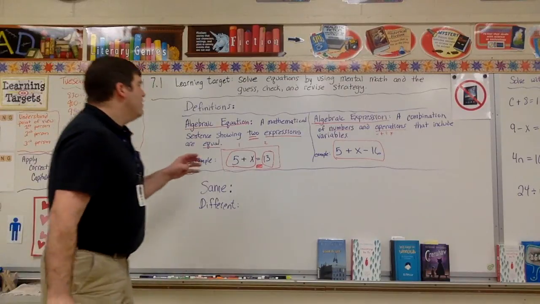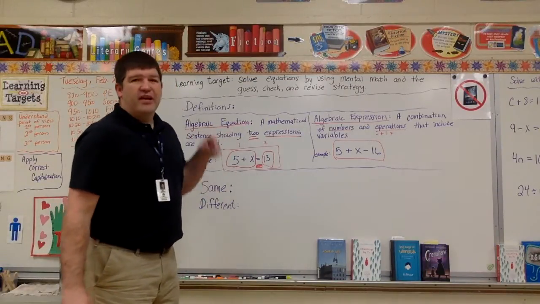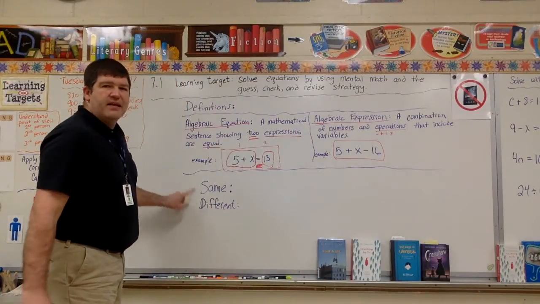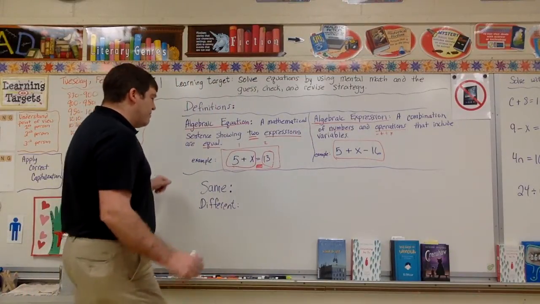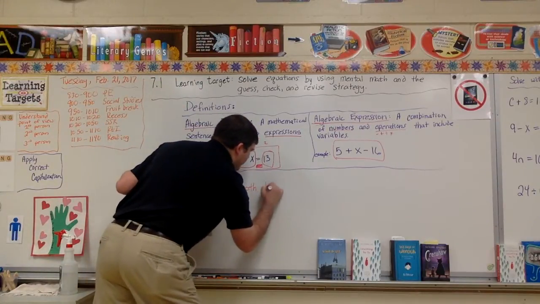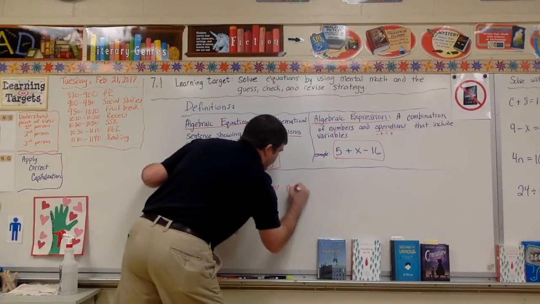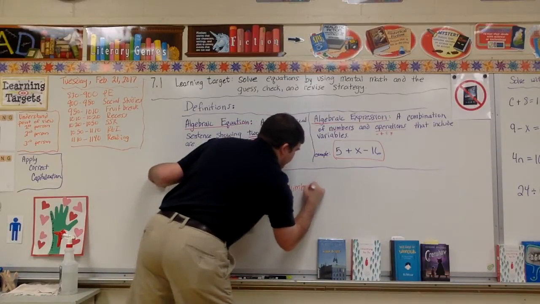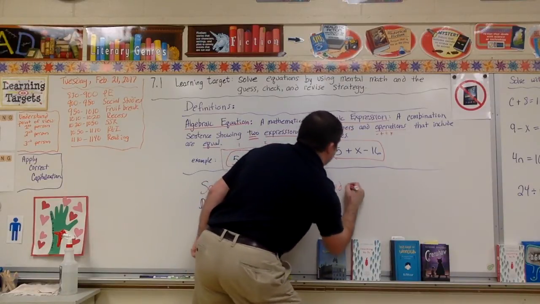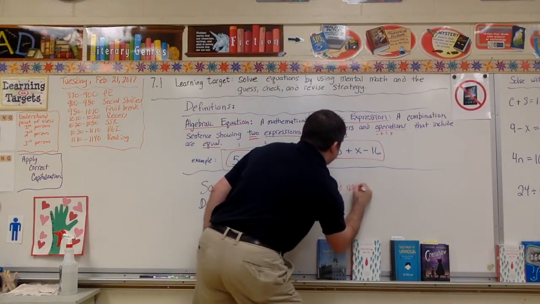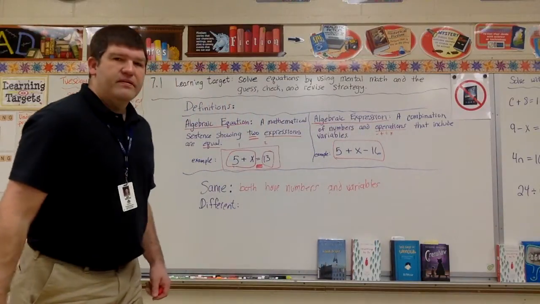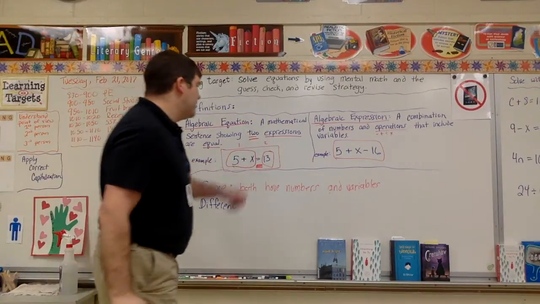Okay, now, what's the difference between an algebraic equation and an algebraic expression? Let's talk about the same and the difference. The thing that's the same is they both have numbers and variables, and they have operations.